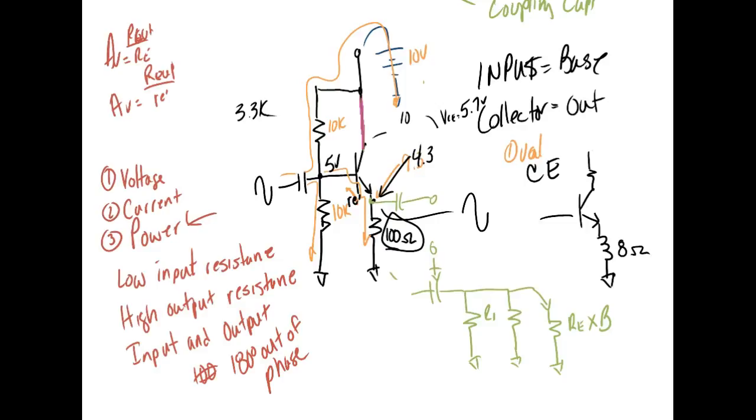What determines how loud a speaker is? It works off magnetics. What determines the strength of a magnetic field? On an electromagnet, what determines the strength of the magnetic field?